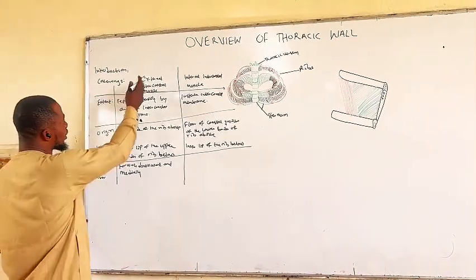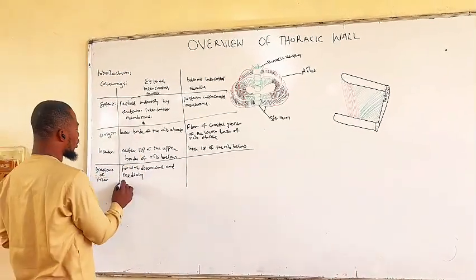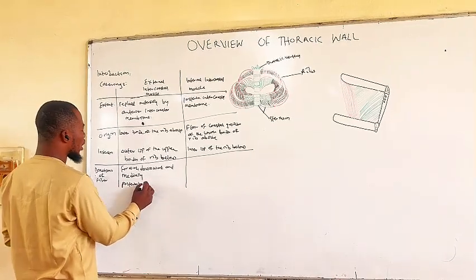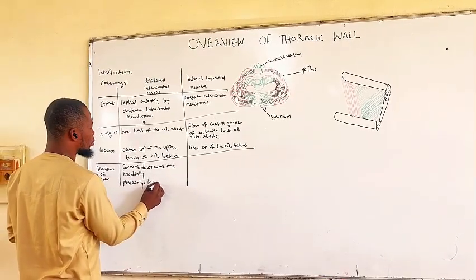So there is an exception in the external intercostal muscle. Posteriorly, its fibers are directed laterally.